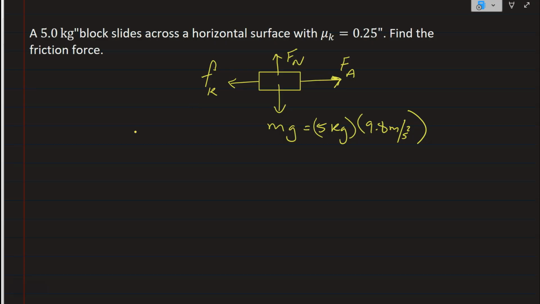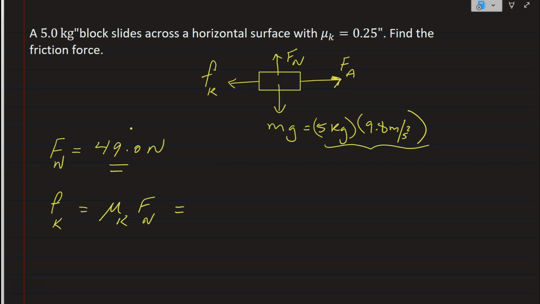So let's look at what the normal force is, which is the same as mg right here, which is 49.0 Newton. Okay, so the force of kinetic friction is equal to mu k times Fn, which is 0.25 times 49.0 Newton.